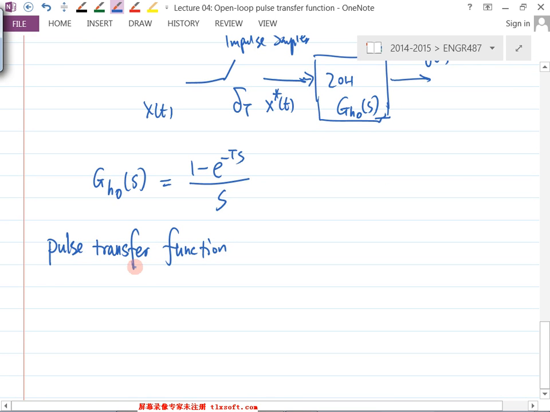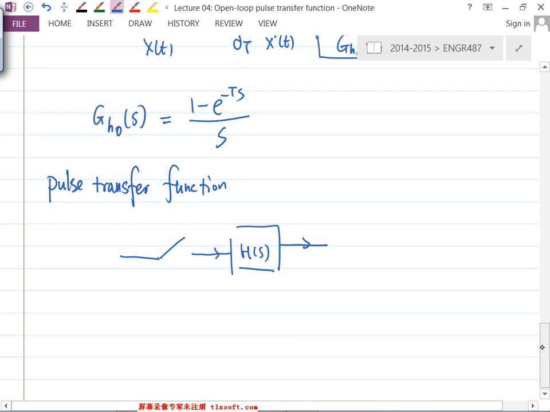So I'm going to draw another diagram, very similar to that one there. Here is a very simple system.